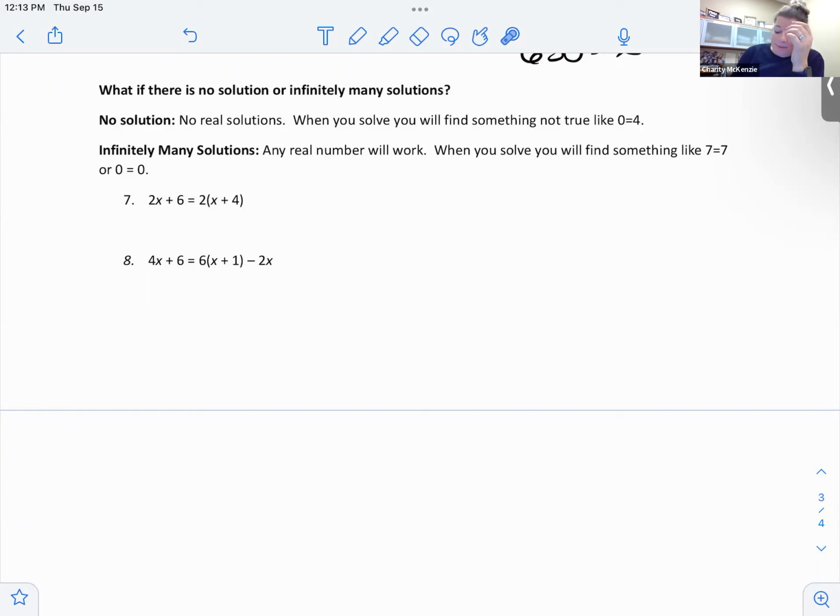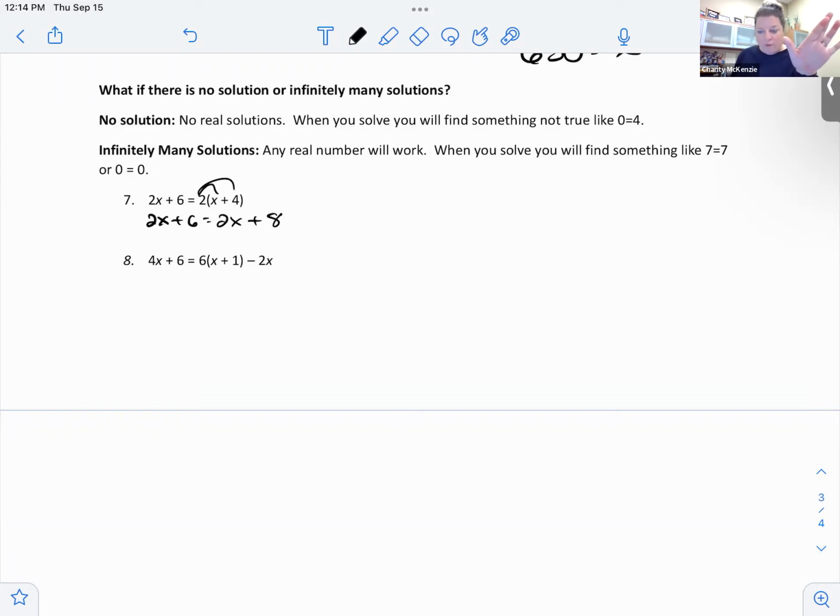So let's look at a problem and we're going to solve exactly like we have been. So on this first problem, I'm going to leave 2x plus 6 over here, but this side I need to times it through. So 2x plus 8. I needed to distribute the 2, right? 2 times x, 2 times 4. Now I'm going to get my x's together. I can't simplify on the left or right anymore.